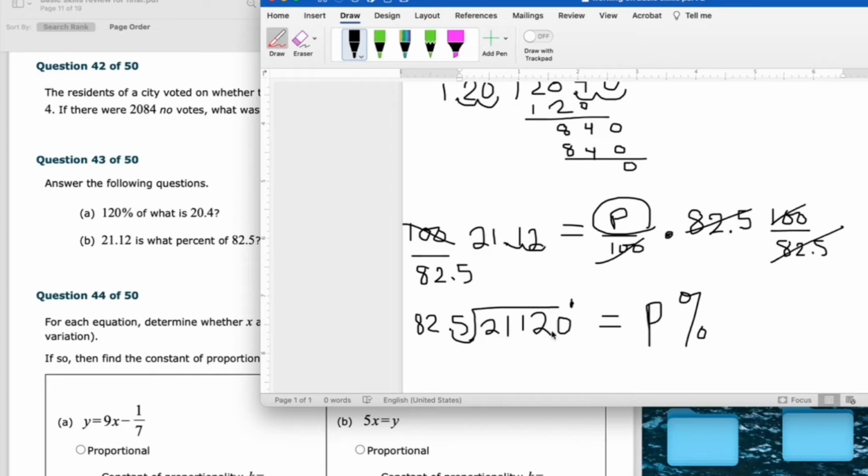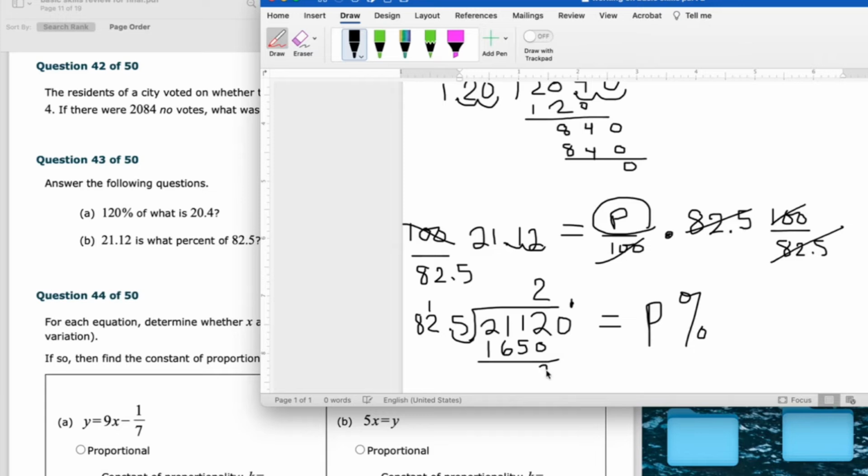And 825 will go into 21. Let's see, 8 goes into 16 2 times. So I'm going to put a 2 right here. And we're going to try. 2 times 5 is 10. Carry the 1. 2 times 2 is 4, plus 1 is 5. 2 times 8 is 16.